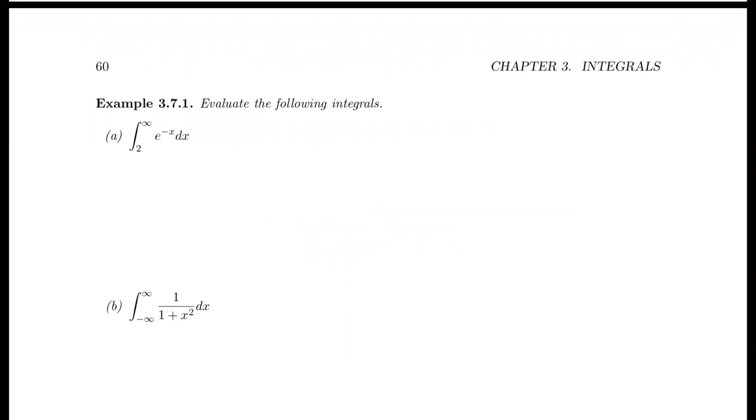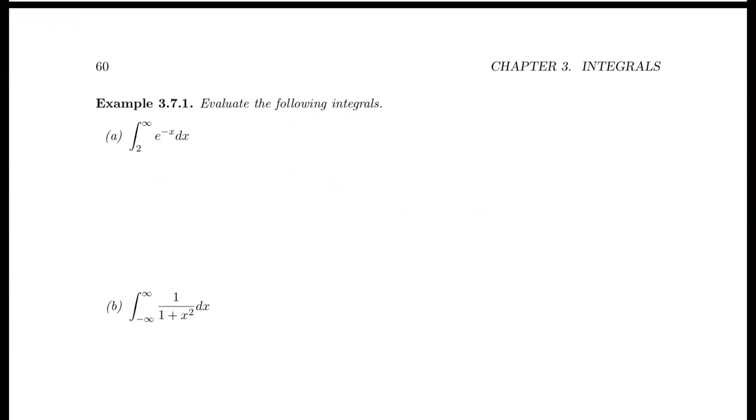So the first example is asking us to evaluate the following integrals. For part A, we have the integral of e to the power negative x from 2 to infinity. So this integral isn't too bad to compute. So let's go ahead.